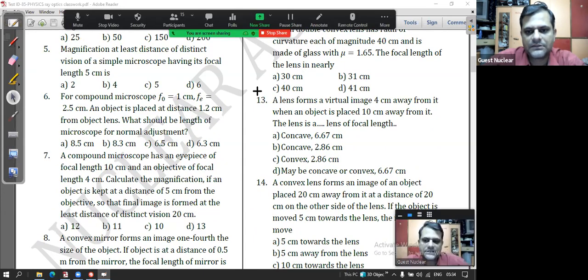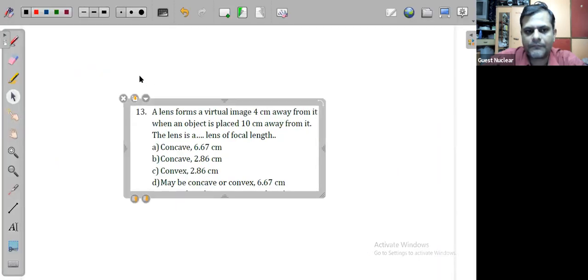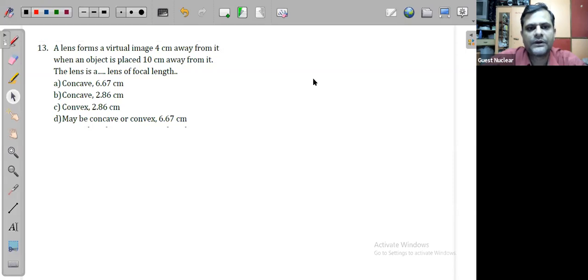A lens forms a virtual image 4 centimeter away from it when an object is placed 10 centimeter away from it, the lens is a dash lens of focal length.